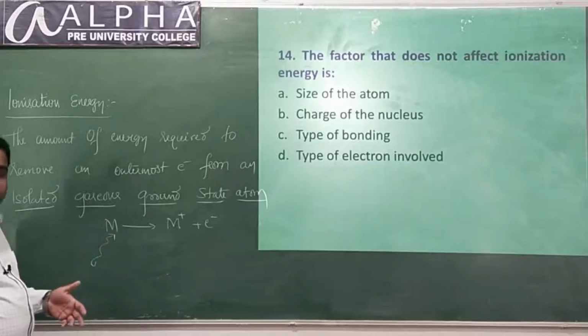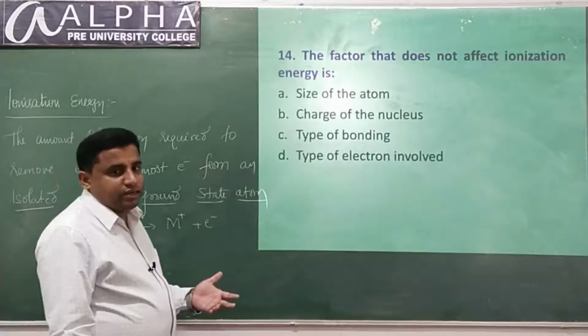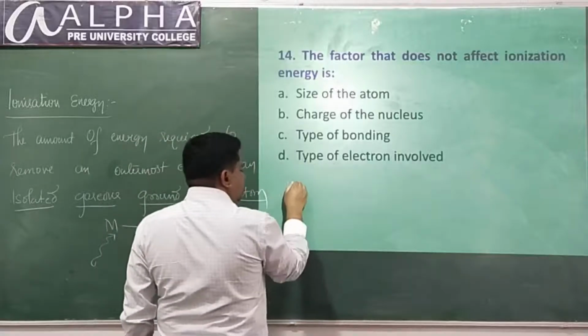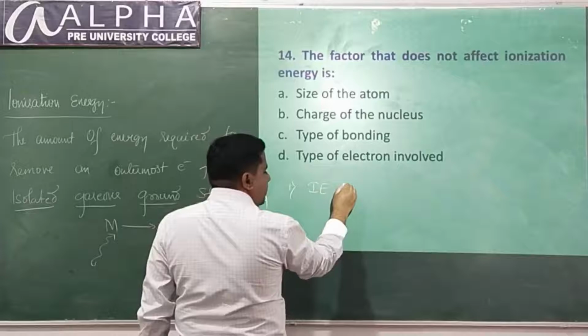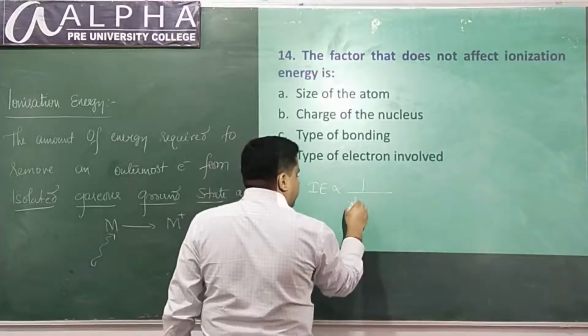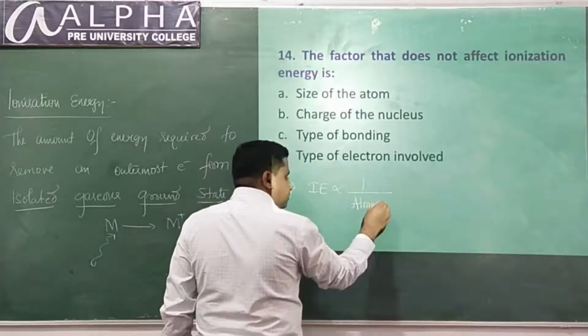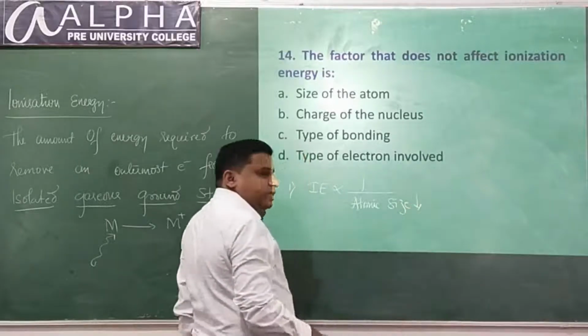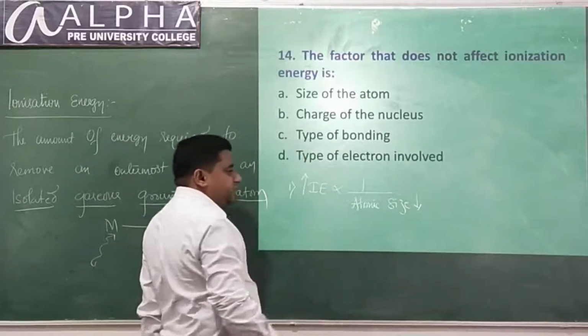Ionization energy depends upon so many factors. Ionization energy is inversely proportional to atomic size. Lesser the atomic size, more is the ionization enthalpy.